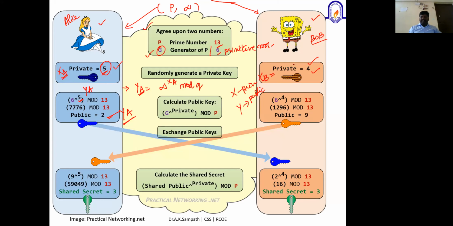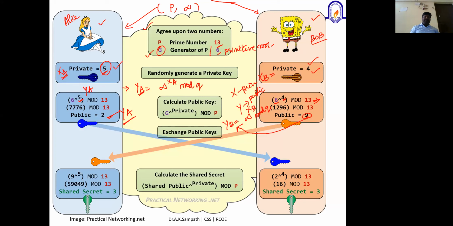Based on the selected private key and the alpha value, Bob will calculate his public key, which is YB, the public key of B, which is alpha power XB mod Q, right? So the alpha value is 6 and XB is the private key of B, so 6 power 4 mod 13, and 1296 mod 13. Here we get the public key 9, which is YB.